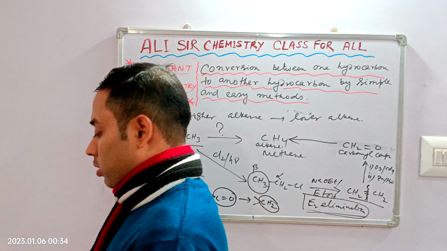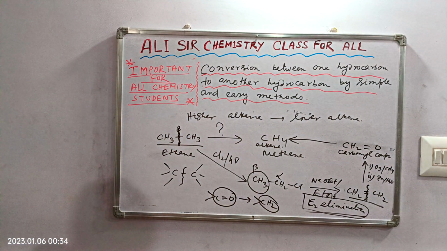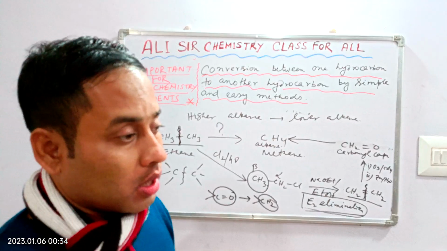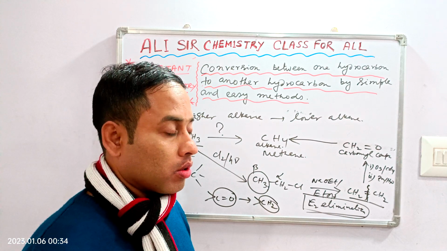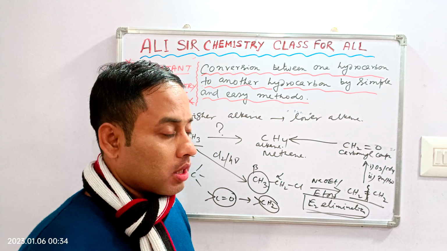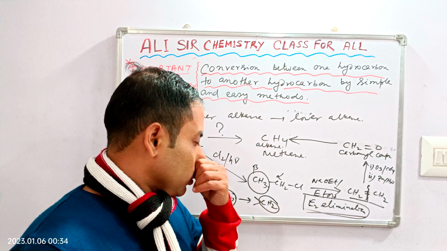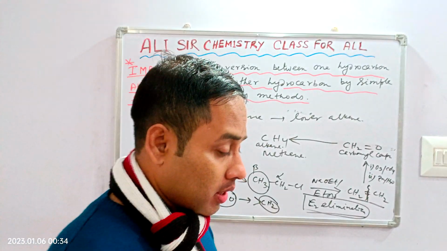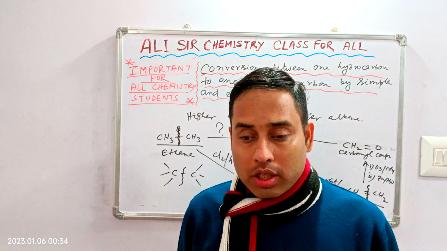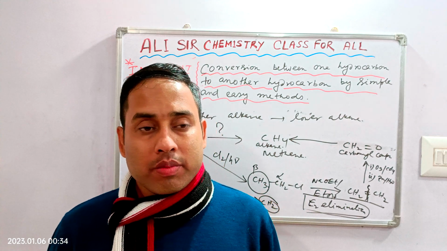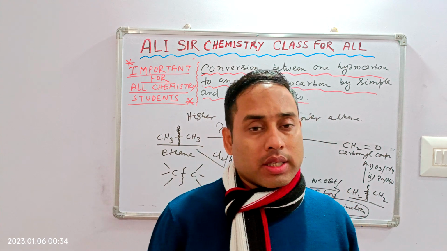The most important reactions for this conversion, I believe all of you know, are the Clemmensen reduction and the Wolff-Kishner reduction, or WK reduction. These two reactions are different from each other. The Clemmensen reduction proceeds in acidic medium, where we use zinc and HCl.